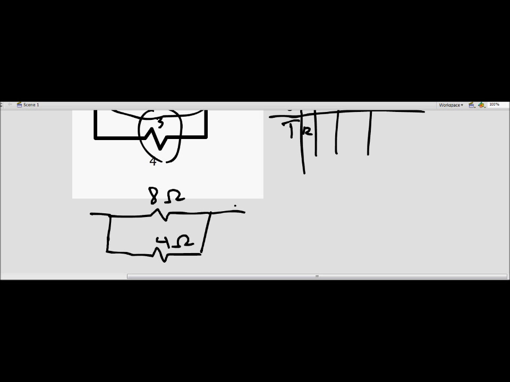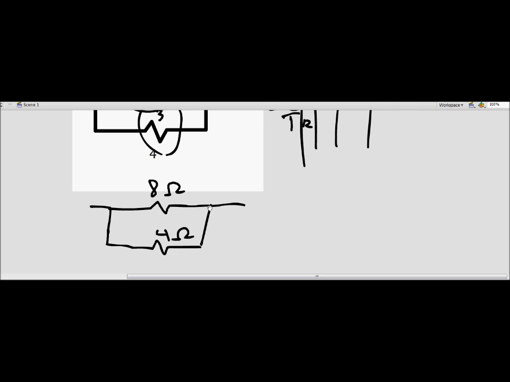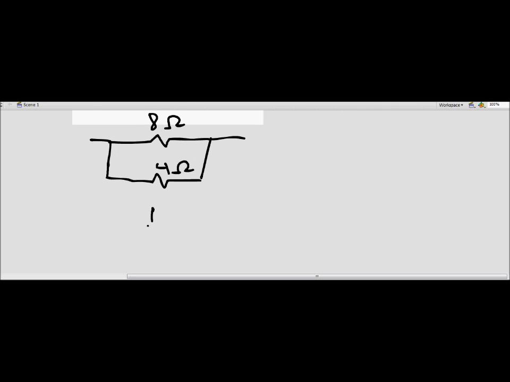Alright, and so from here all we need to do is say 1/8 ohms plus 1/4 ohms is equal to 1 over 2.67. All I did there was I plugged these into my calculator, and the answer I came out with was 0.375, and I took the inverse of that.